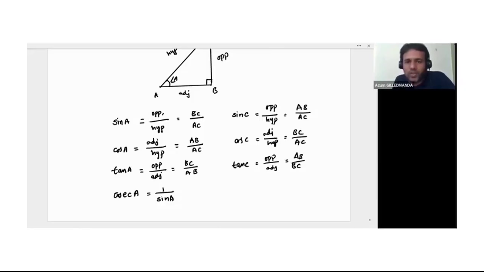Sin A is opposite by hypotenuse, so this is hypotenuse by opposite. So the value becomes AC by BC. Understood? So that is cosecant A.